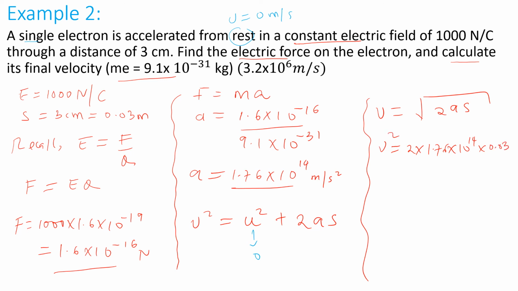If you feed that in clearly in your calculator, you get 3.2 times 10 to the power 6 meters per second. So we've answered the question very well, and the velocity is 3.2 times 10 to the power 6 meters per second.